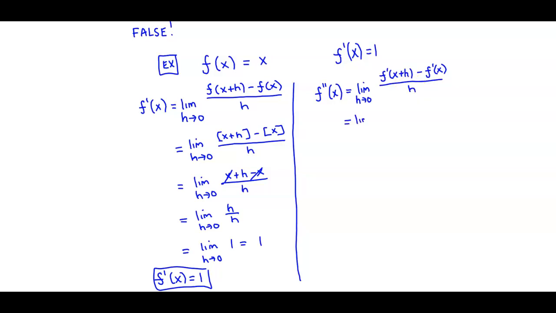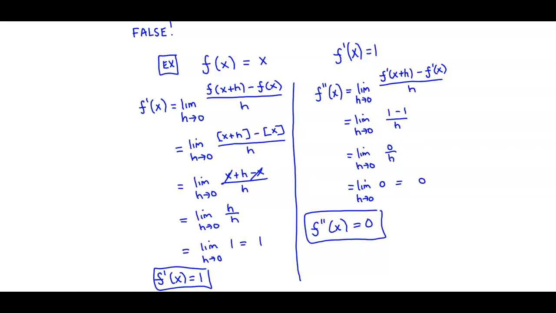So we would have the limit as h approaches 0, we would have 1 minus 1 over h. And so we would get the limit as h approaches 0 of 0 over h, which is equal to the limit as h approaches 0 of 0, which is equal to 0. So that means that the second derivative of this function is going to equal 0.